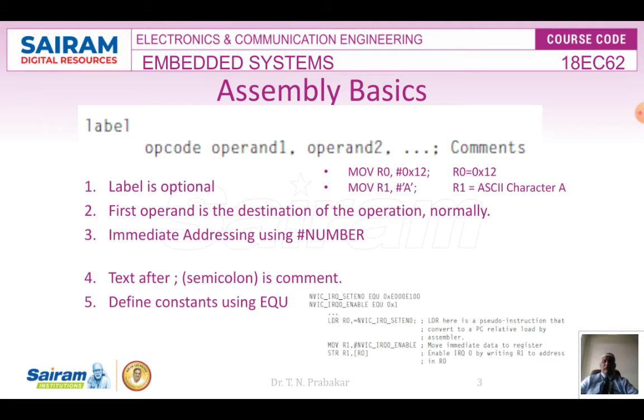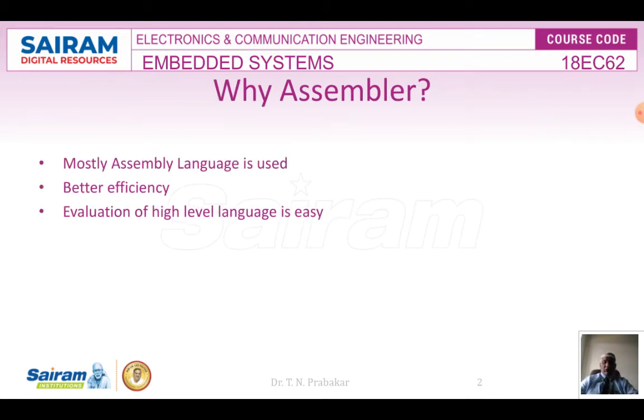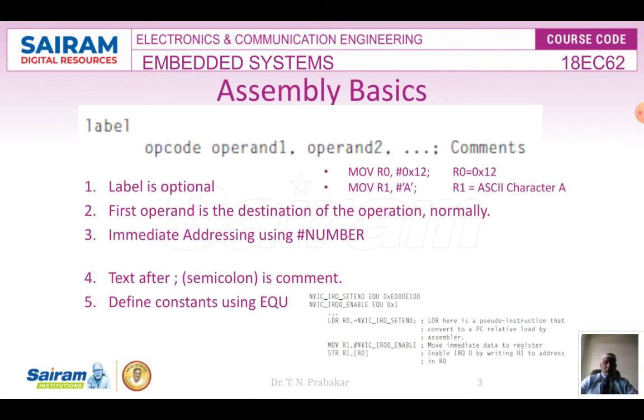The text after the semicolon is a comment, of course, and we can define a constant using a few things, and one such command is called EQU, equivalent. So here on the right hand side you can see a small segment where LDR is available, R0 is available, equal to NVIC.